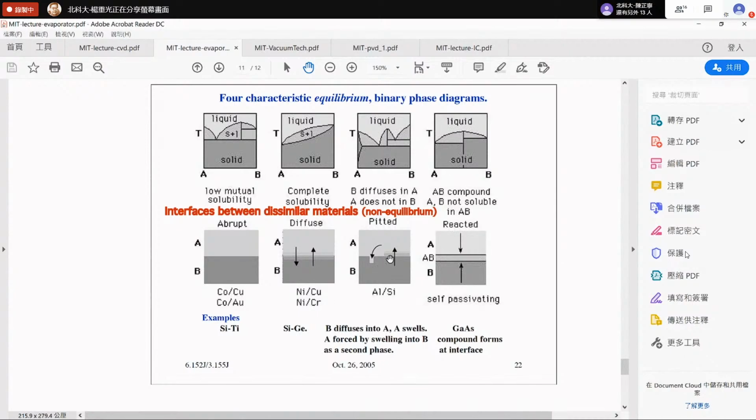This is quite unusual, I think. And this is something like a reaction, like gallium arsenide, where the compound forms at the interface. And this is something like B diffusing into A and making A swell, and the swelling goes back into B as a second phase. This is quite interesting.